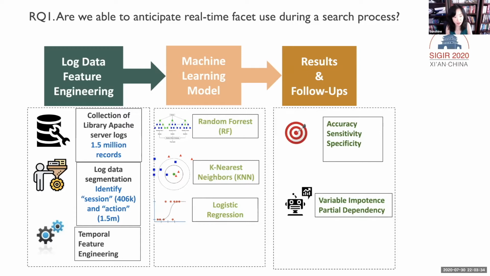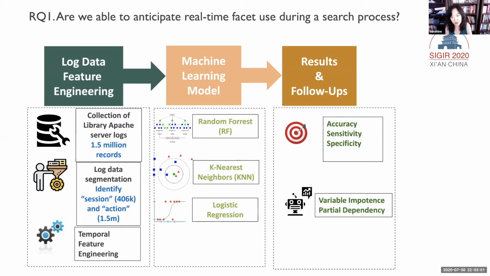Then we do the temporal feature engineering in the standard way for a machine learning approach. Later on, we developed 3 machine learning models: random forest, KNN, and logistic regression.